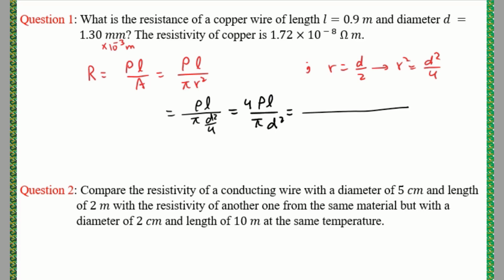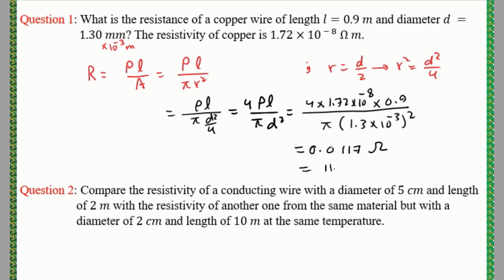Put your values. 1.72 times 10 to the minus 8 for the rho, L is 0.9, and the diameter is 1.3 times 10 to the minus 3 squared. And the answer would be 0.0117 ohms or 11.7 milliohm, which is 11.7 times 10 to the minus 3 ohms.